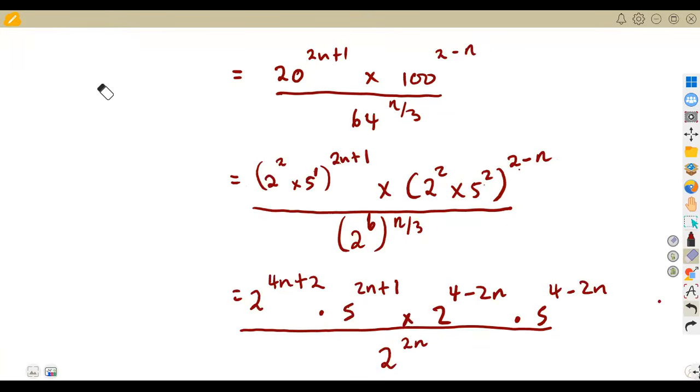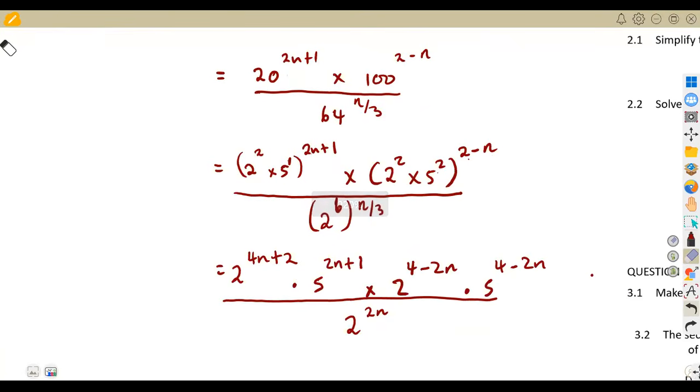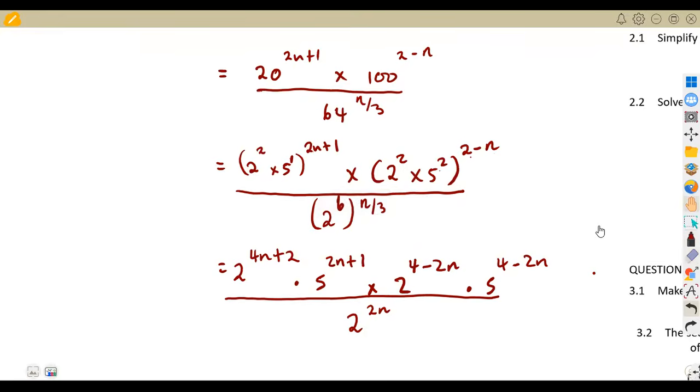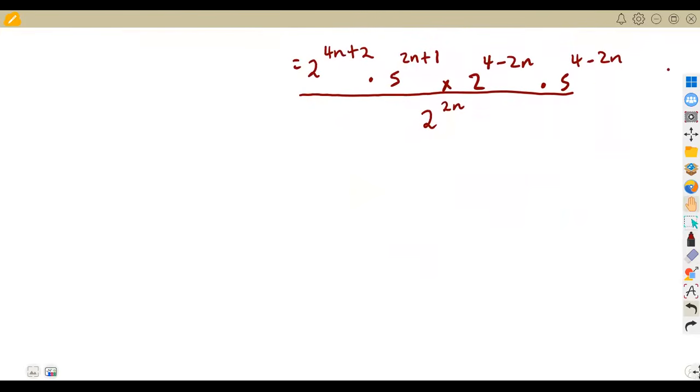Okay. Now that we are seeing this, at least we have got an idea of where this now goes, because we can see that the bases that we are talking about are the same, can be simplified, and we've got the base of 2 and also the base of 5. So considering the base of 2 on top, because we know that whenever we are multiplying, we add the exponents. So these on top, they are multiplying.